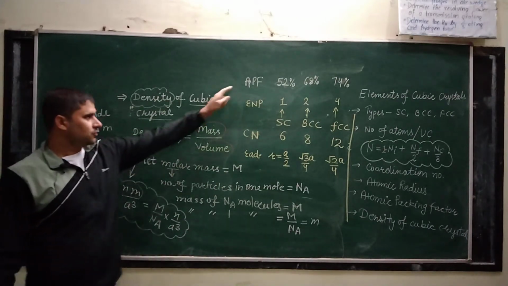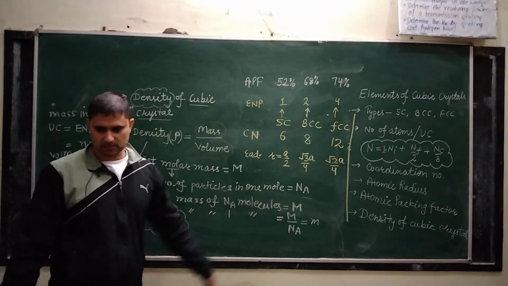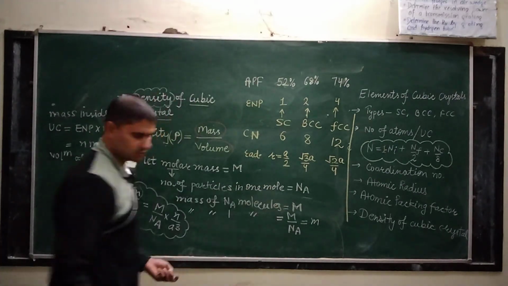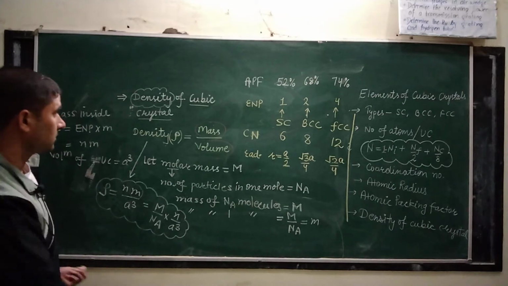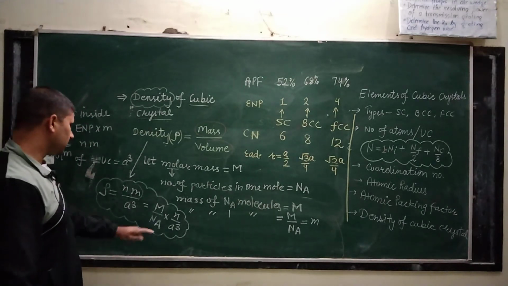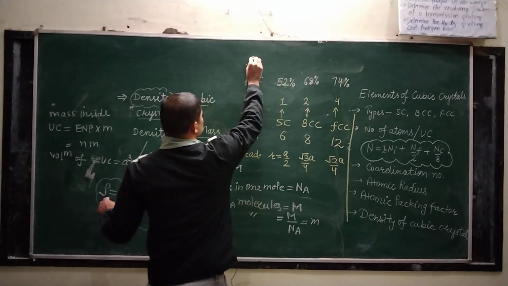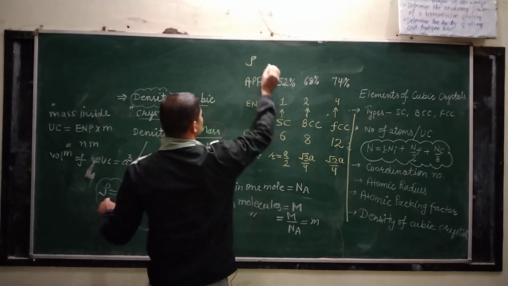Okay, so if you find this relation for the simple cubic, BCC and FCC, what will be the change? So here I am writing the density of the cubic crystal.